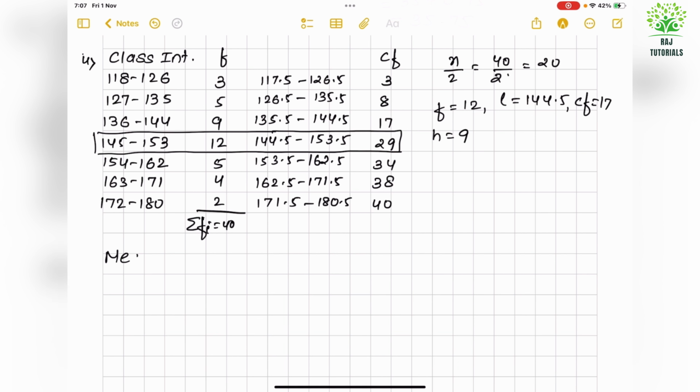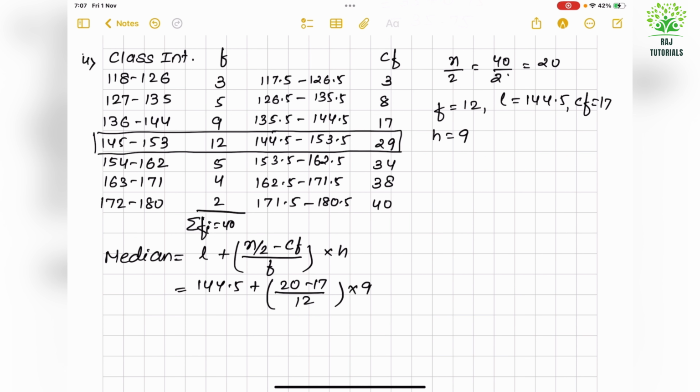So putting the values in the formula, median equal to L plus n by 2 minus CF upon F into H. So that will be 144.5 plus 20 minus 17 upon 12 into 9. So 3 3s are 3, 4s are, I am cutting.